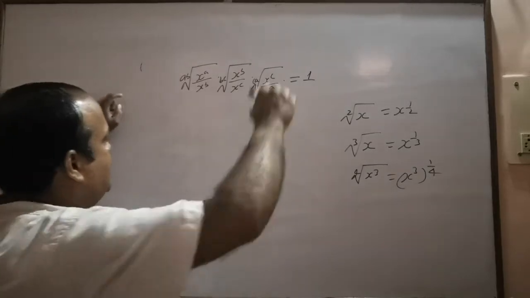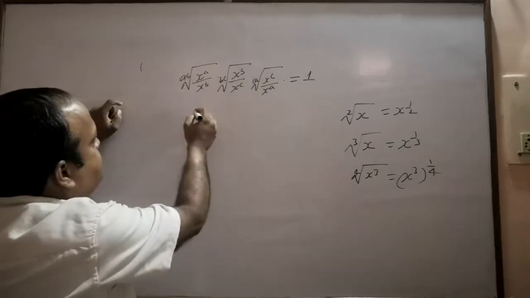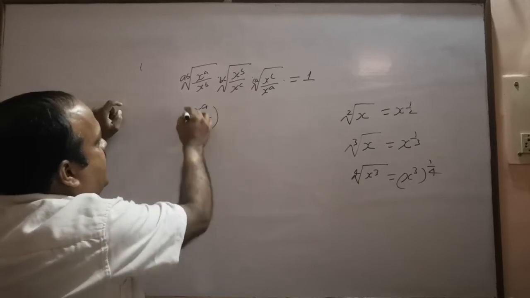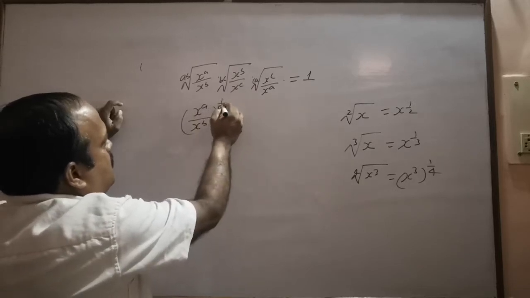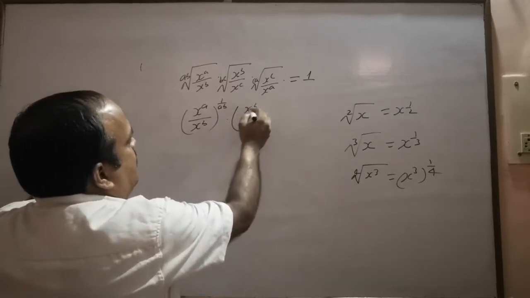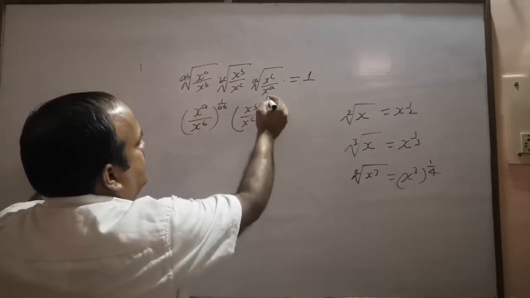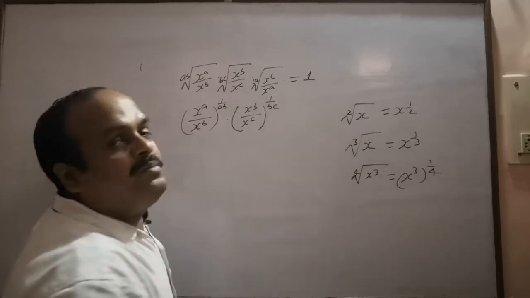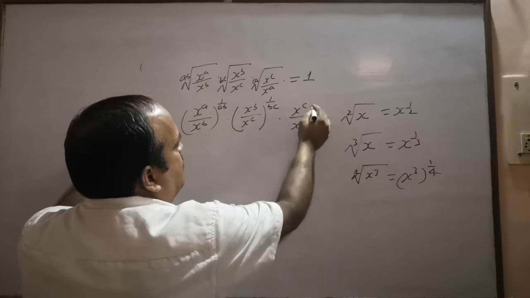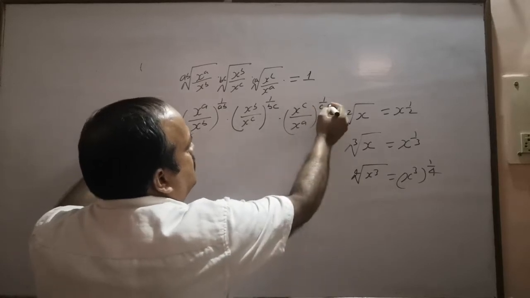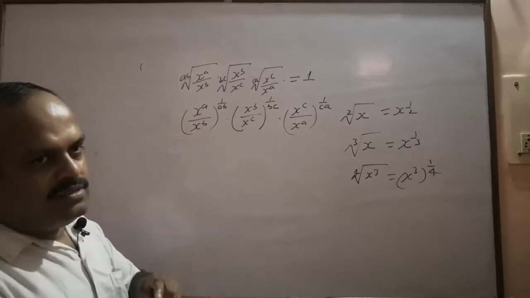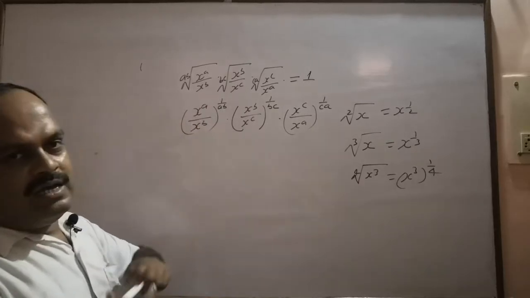So this can be written as x to the power a upon x to the power b raised to 1 by ab, x to the power b upon x to the power c raised to 1 by bc, x to the power c upon x to the power a raised to 1 by ca. Now use the power law.